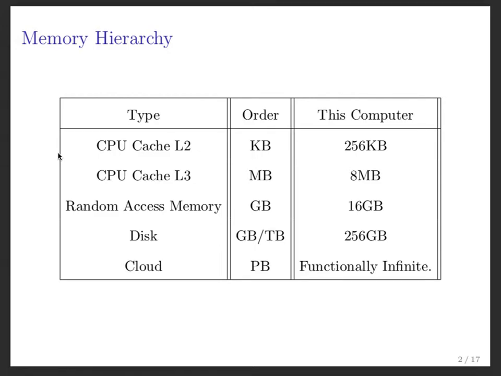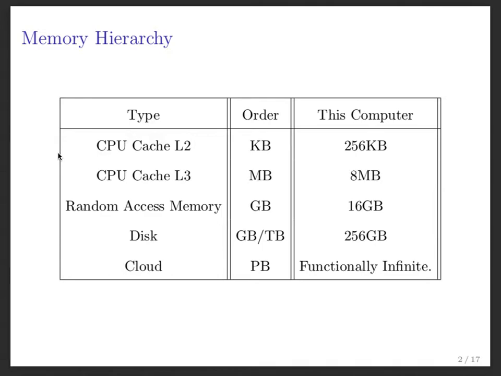So here's a motherboard, here's a CPU. It has access to very fast memory called the cache. And there's levels of cache. My first level here is level 2 cache, then level 3 cache, which is a little bit bigger. And then further away from the CPU is something that we call RAM, random access memory. Further up from RAM is something that we call the hard drive, the hard disk.